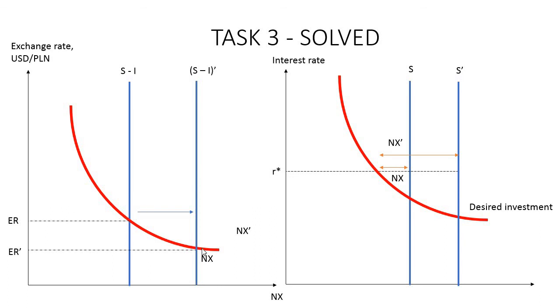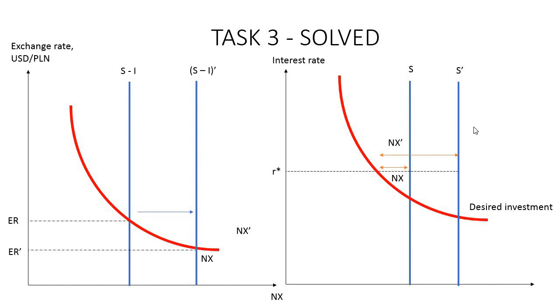As for national saving, the volume of imports will decrease as a result of this policy and exports will increase. As a result, national saving will increase and we have the shift of the S minus I curve, and we end up at the point with a bigger volume of net exports and a lower value of the exchange rate. Using this graph, you can do a very similar analysis.